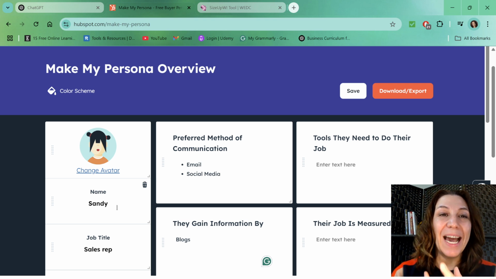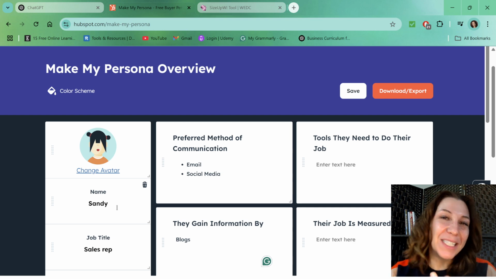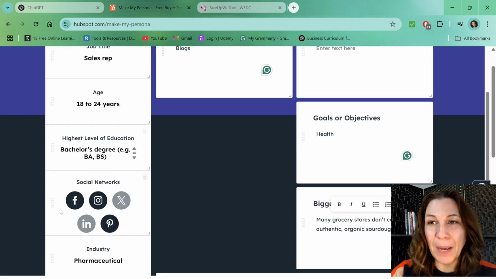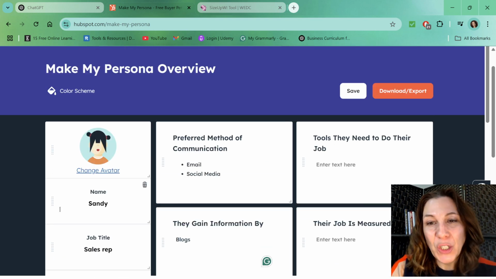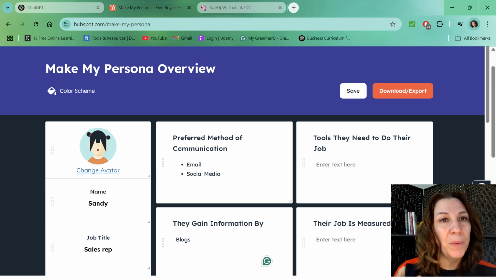Is it too enticing for Sandy to buy my bread next time when she sees my ad? So for some businesses it is working. So I just wanted to show you one more tool you can utilize, but try keeping these free tools and start working with them. Once you start working with them, you can go back and you can modify that.